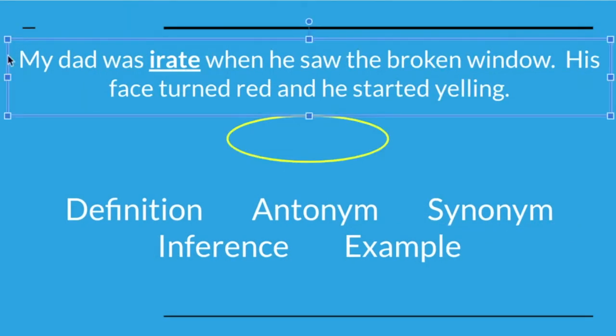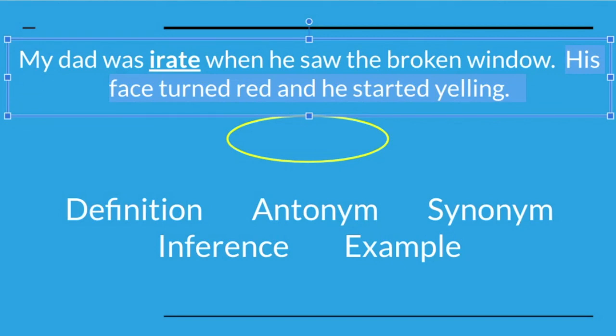My dad was irate when he saw the broken window. His face turned red and he started yelling. All right, our unknown word here is irate. He saw the broken window and his face turned red and he started yelling.